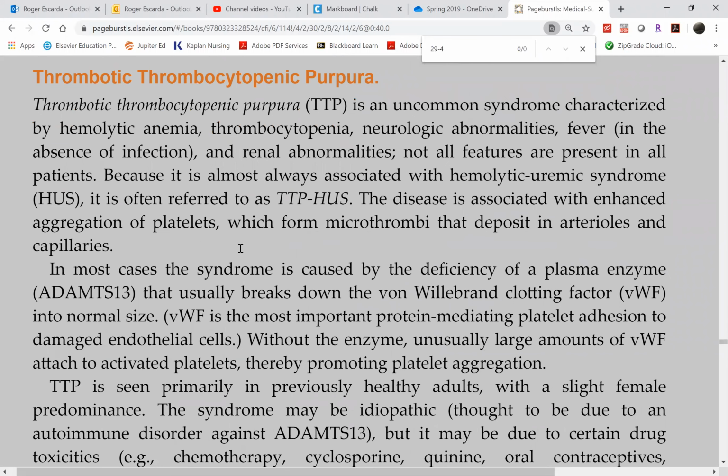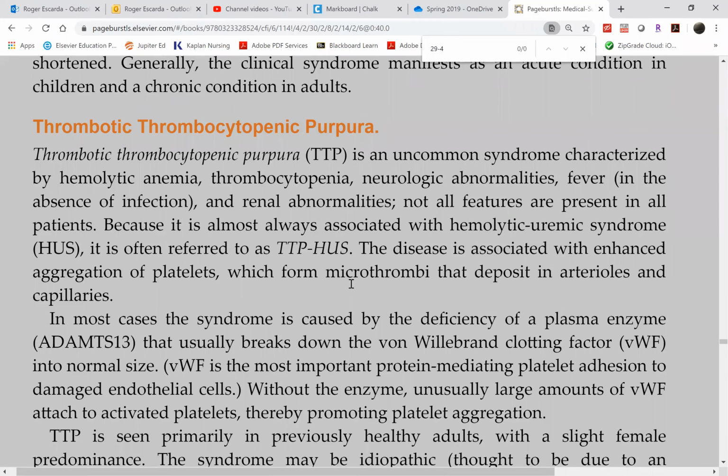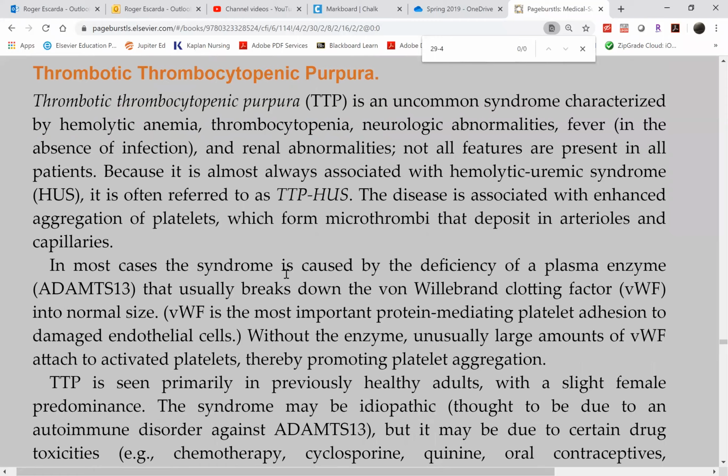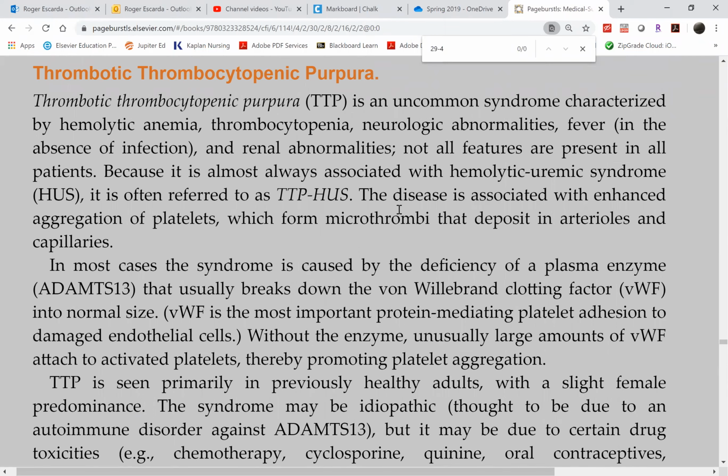In TTP, this is thrombotic thrombocytopenic purpura. So the problem here is inappropriate clotting. If you look at the pathophysiology description, it's not the same as ITP, meaning your platelets form a clot inappropriately, meaning there's no reason for your body to form a clot, but you're forming blood clots.